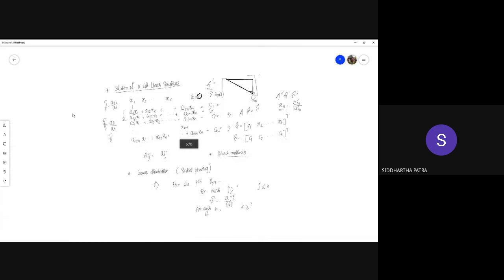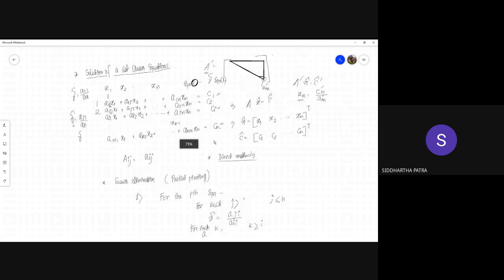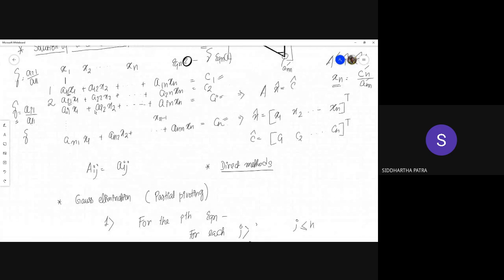Now we can repeat the process for the third equation and define our gamma to be a31 divided by a11, and similarly subtract the first equation from the third equation. So the third equation will also not have the x1 term, and we repeat up to the nth equation. So every equation except the first will not have the x1 term. That way we have eliminated one variable from all the equations except the first one.